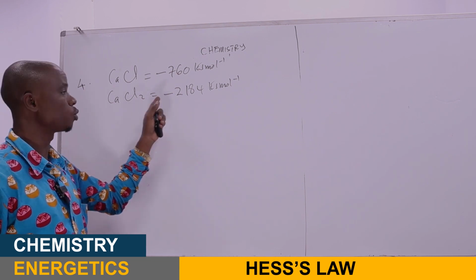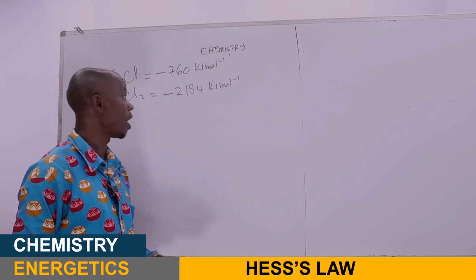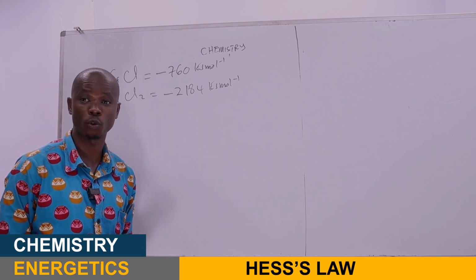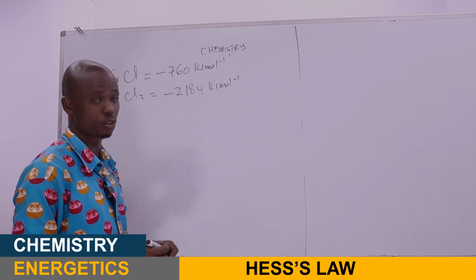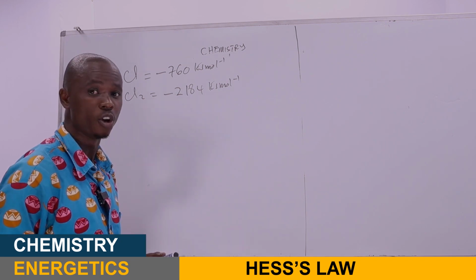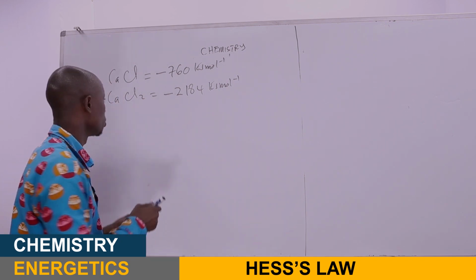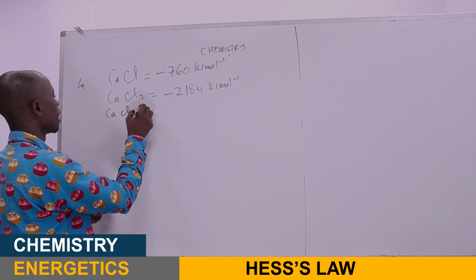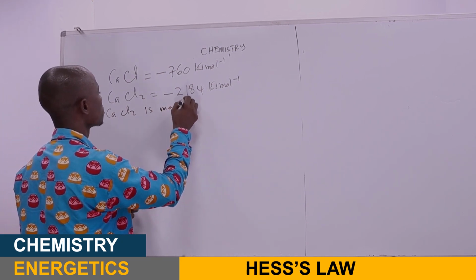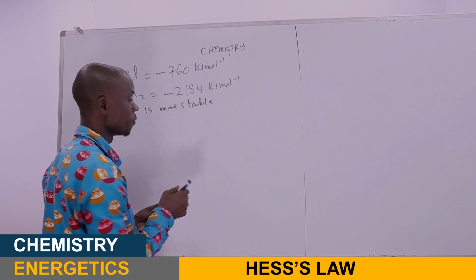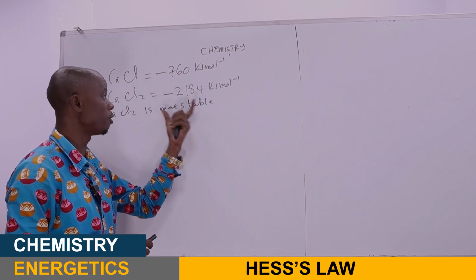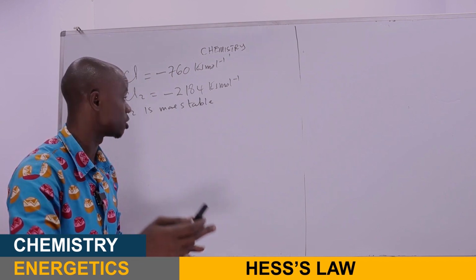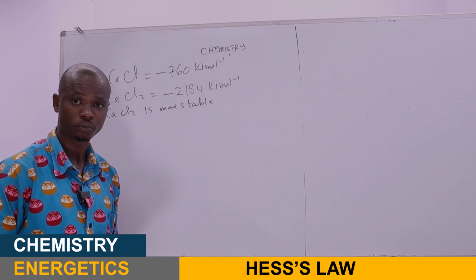So this calcium 2 chloride will be stable as compared to calcium 1 chloride, because a large amount of energy is released when forming this compound. So it is very simple when you are dealing with these problems. So calcium 2 chloride is more stable. The reason is that it is a highly exothermic compound because it is formed by a large amount of energy released, so it is energetically favorable.